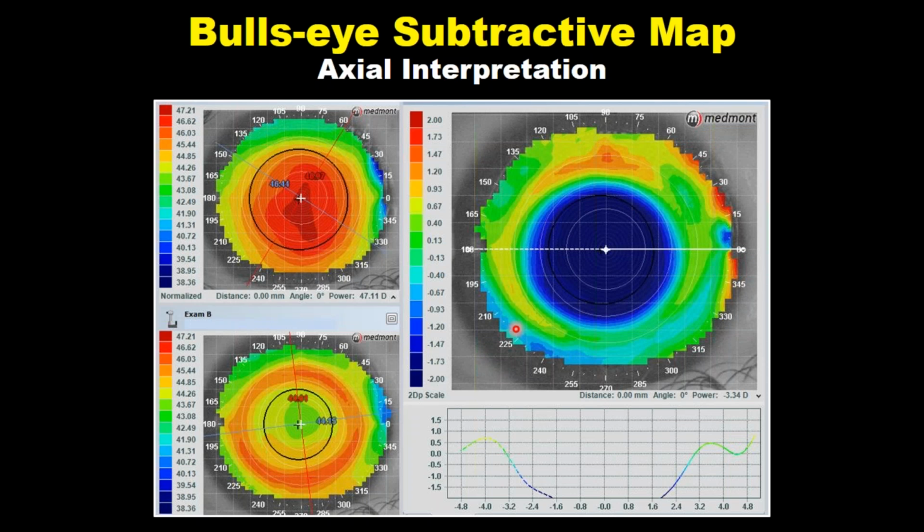Now, let's look at the various outcomes that can happen when we do CRT or Ortho-k lenses. The target, the ideal outcome, is called your bullseye topography. In the bullseye, what we see is a blue treatment zone well centered to the black pupil margin.